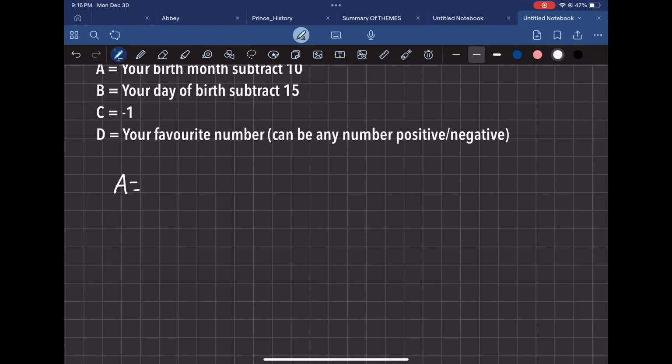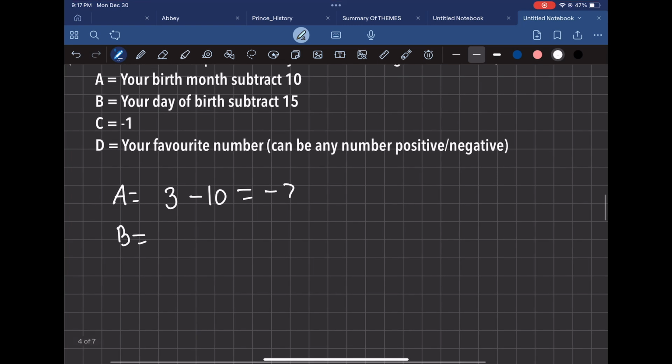My birth month is March, so that's 3, minus 10, which equals negative 7. B equals your day of birth, subtract 15. I was born on March 12th, so 12 minus 15 is negative 3. C equals negative 1. And D equals your favorite number. So my favorite number is actually 69.